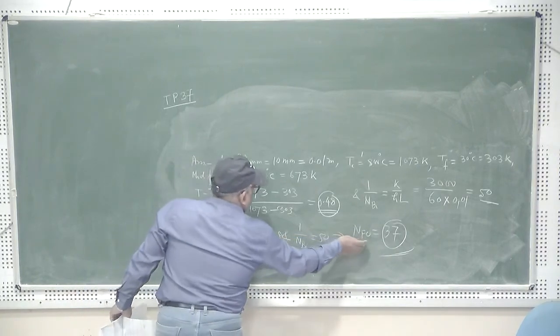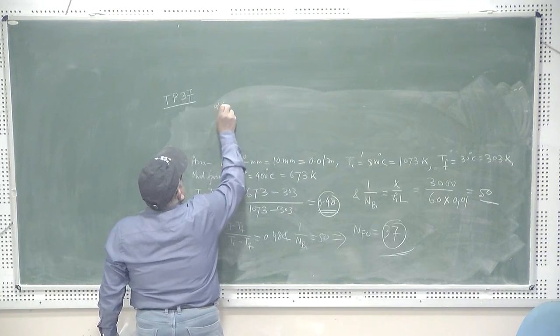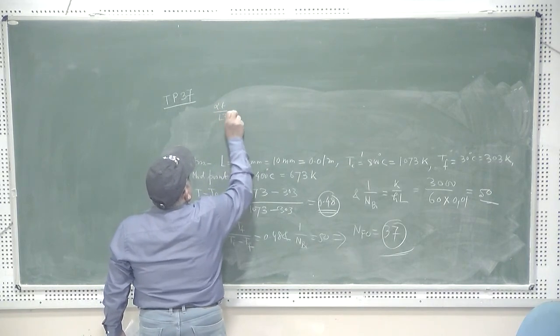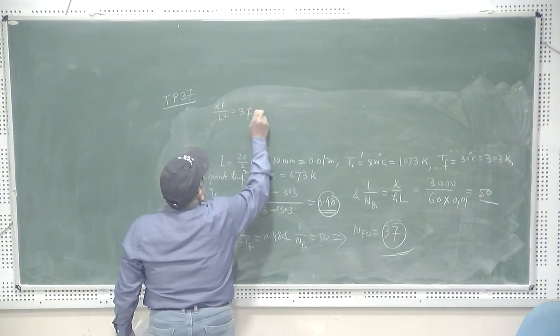So if Fourier number is 37, that means alpha t by L square is equal to 37.